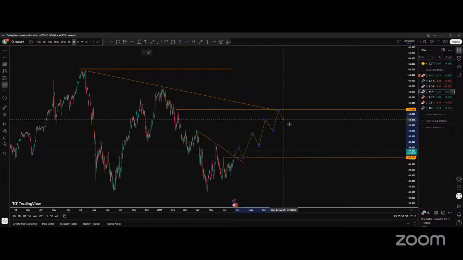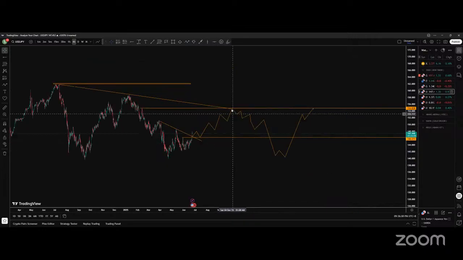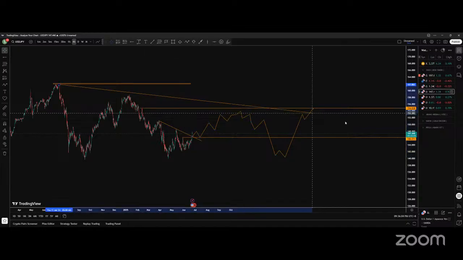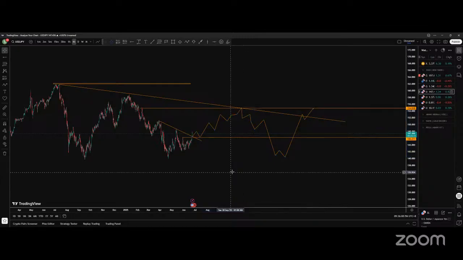Tap here, and then you can look for continuation sell back to the downside. Right. This is what I'm hoping to see in the next few days, just based on the structure of the hour 4.